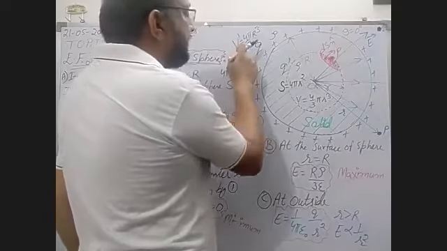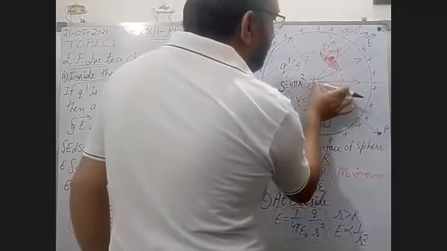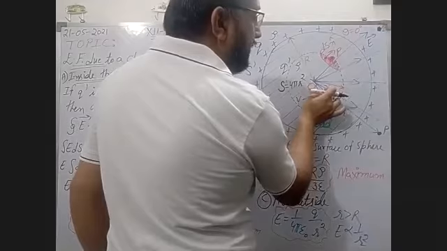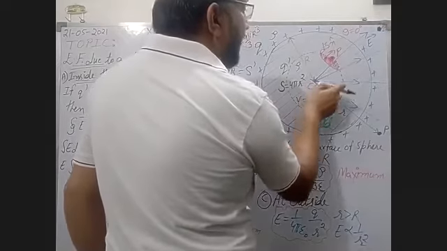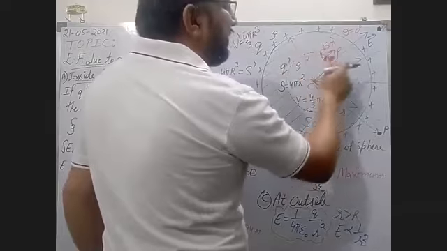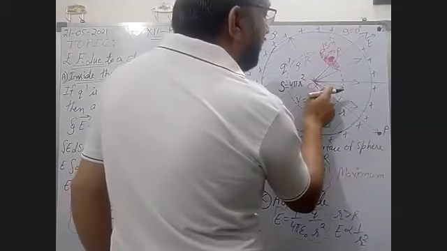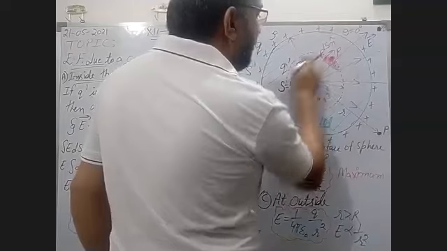Volume is V dash and surface area is S dash. Like this, you have to take the small radius r inside this sphere and consider a sphere regarding this r.